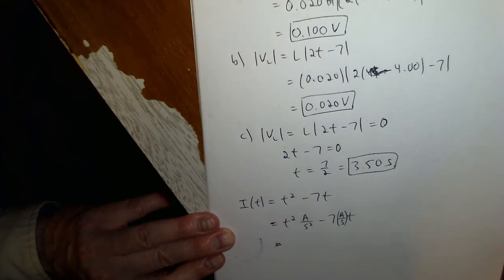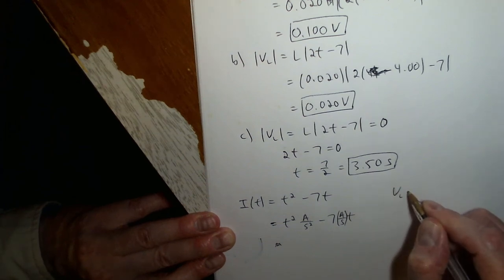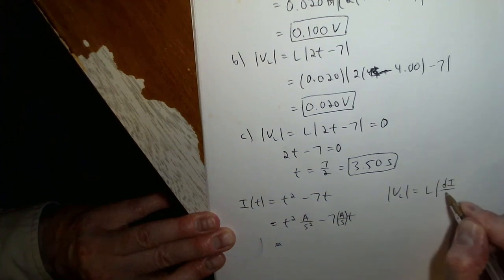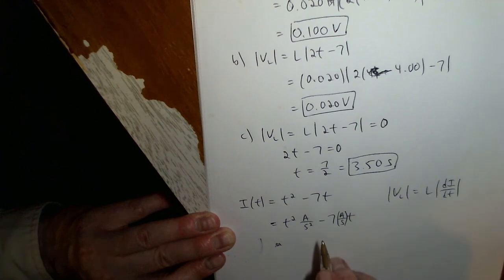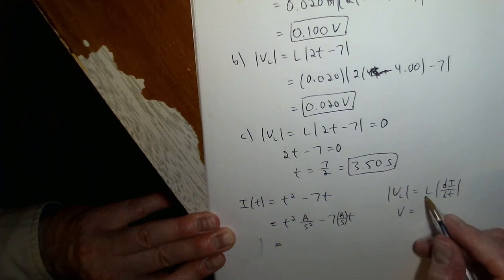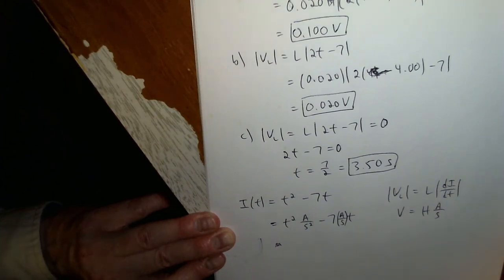And so just in case you're looking for units, remember that the voltage we're talking about is L times the magnitude of di/dt. So the units volts are equal to the units of henries times amps per second.